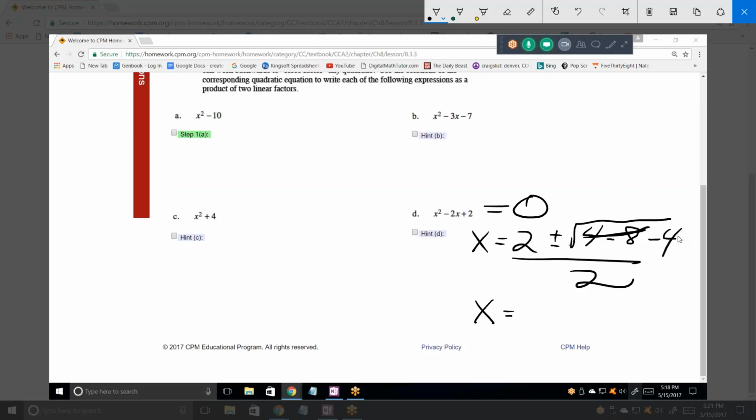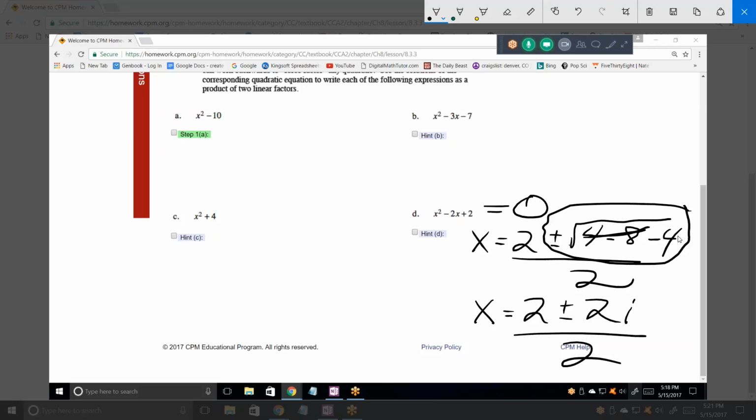I would simplify that first. It's too easy to make a mistake. So that's 2i. So what's x equal to? Plus or minus i.